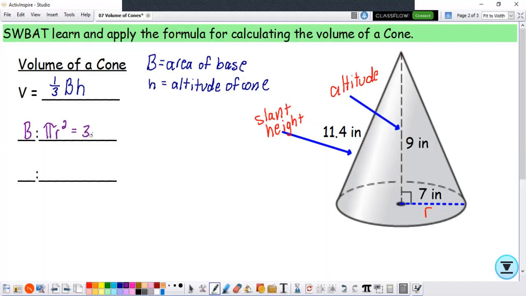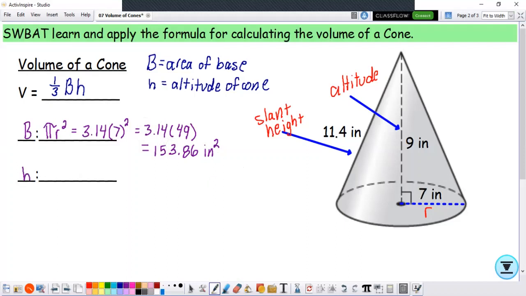We will use the approximation 3.14, and our radius is 7 squared, and that will be 3.14 times 49, which is equal to 153.86 square inches, because we were finding area of the base. Our units are squared, not cubed.